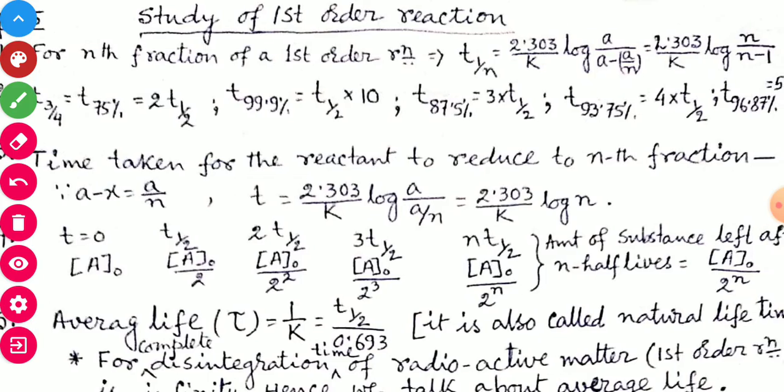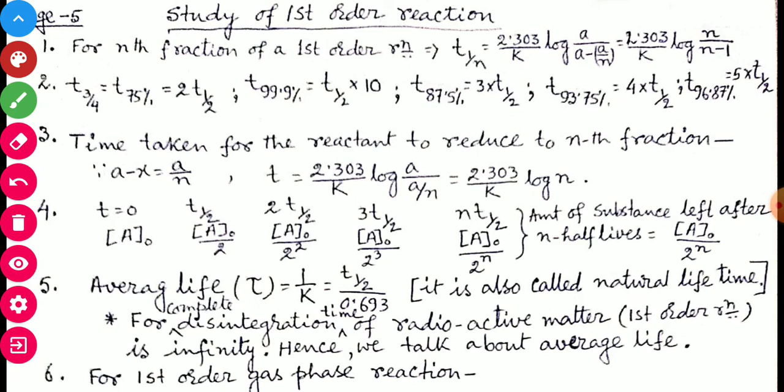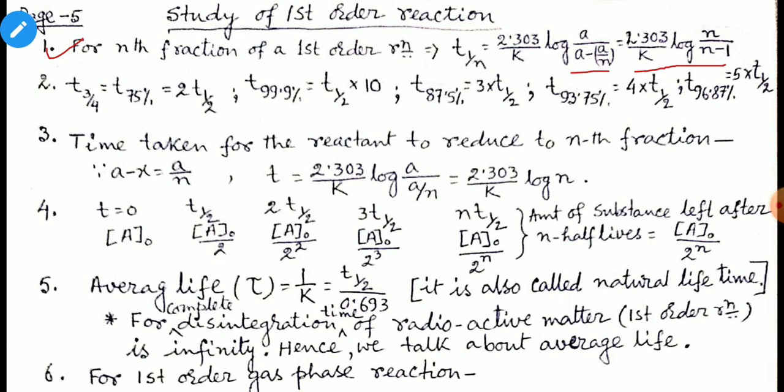Point number 1: for nth fraction of a first order reaction, t₁/ₙ = (2.303/k) log(A/(A − A/n)) = (2.303/k) log(n/(n − 1)). Point number 2: t₃/₄, that is t₇₅%, equals twice t½; t₉₉.₉% equals 10 t½; t₈₇.₅% equals 3 t½; t₉₃.₇₅% equals 4 t½; t₉₆.₈₇% equals 5 t½. Point number 3.